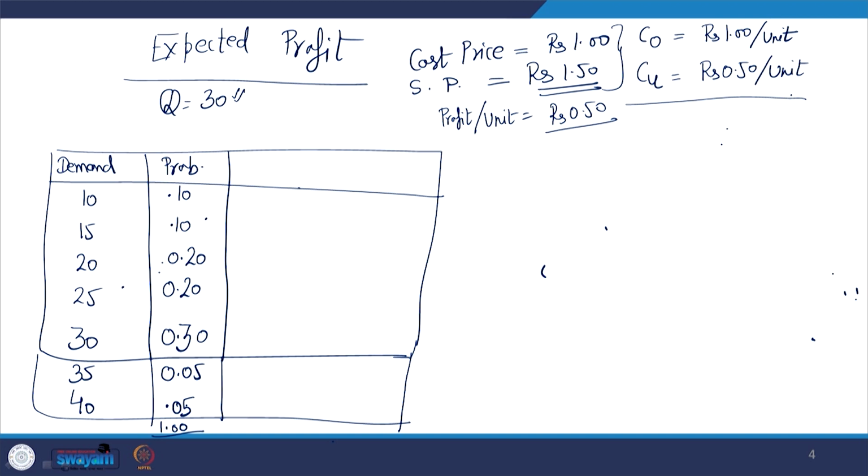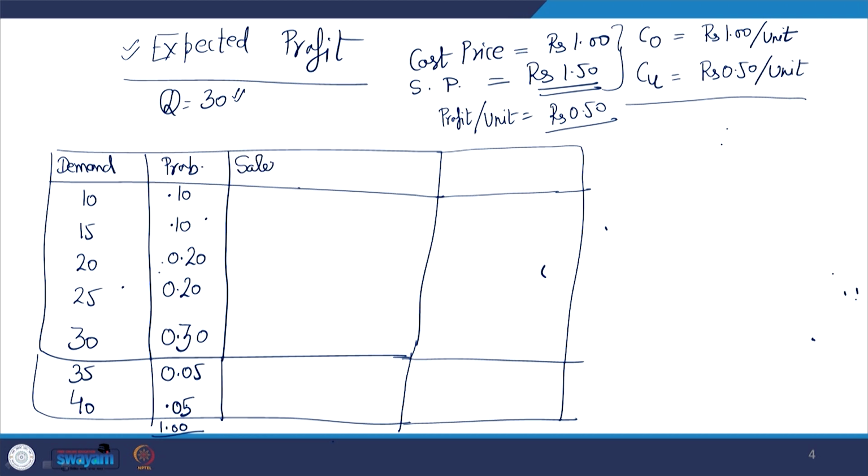Now, let us go for the calculation of the expected profit. To understand the concept of expected profit, let me do the calculation in this table itself. The demand is given, the purchase quantity is available to you. So, how much are you able to sell?